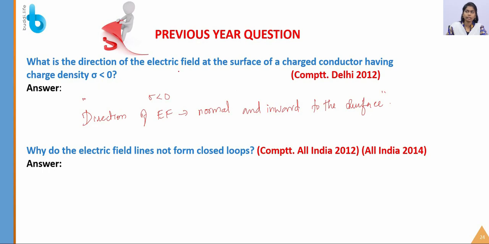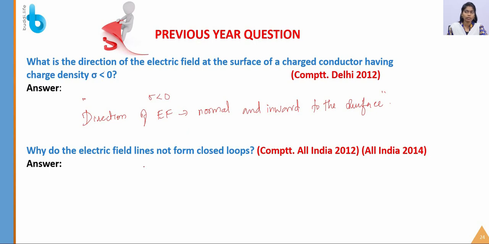So this is the answer. Because the surface charge density is less than 0, the direction of the electric field is normal and inward to the surface.